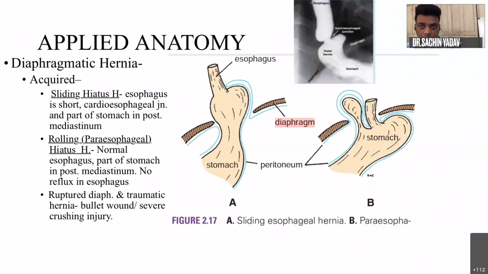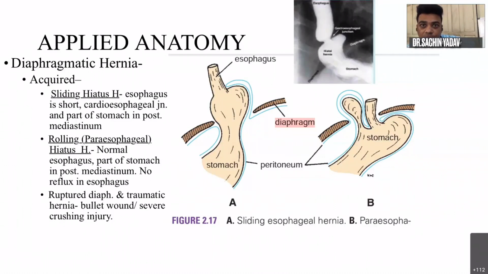Then acquired hernia. Acquired hernias are mainly of these types, the sliding hiatus hernia. Sliding means the esophagus is short, therefore it takes along with it the upper part of the stomach into the thoracic cavity through the esophageal hiatus in the posterior mediastinum. Rolling hernia is also known as the paraesophageal hernia because the esophagus is normal in shape and size, but part of the stomach enters by the side of the esophagus into the posterior mediastinum.